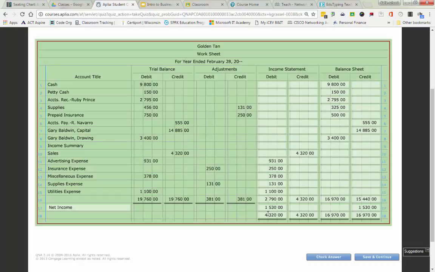One of the things that it doesn't do is we would have a single line going all the way across here to show that we've done some math. And there would also be a single line right here, right above line 18, to show that we took 2,790 plus 1,530 to give me my 4,320. Okay, go ahead and try that on your own.